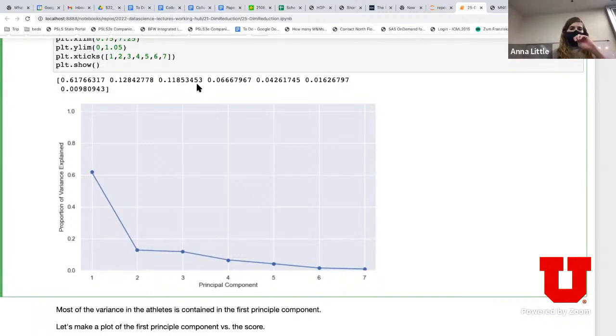Definitely we see a slower decay here in these variances, and that is going to lead to needing to keep more of the components.